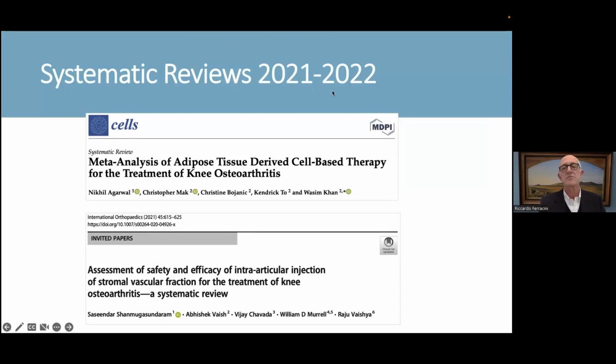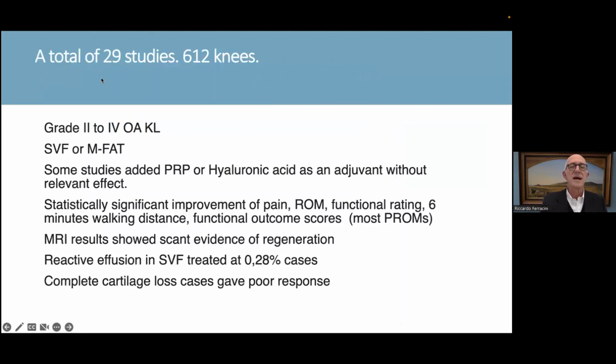We have systematic reviews from last year or the year before, and in total these meta-analyses investigated 29 studies, over 600 knees, and the results are pretty much similar to ours, using SVF or MFAT. The effect was worse when there was complete cartilage loss and very advanced osteoarthritis.